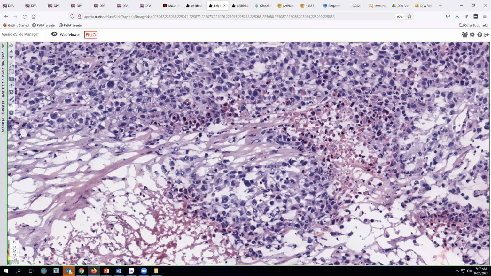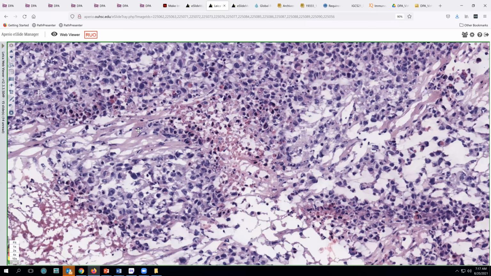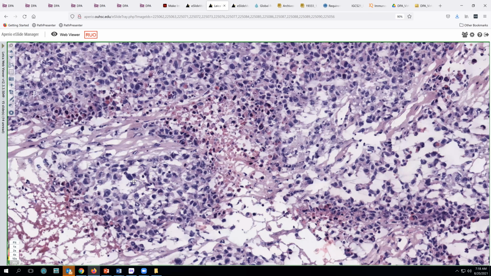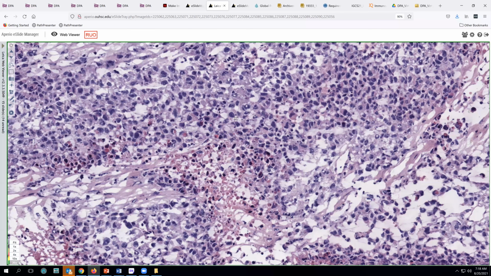So I think the differential here is very important because that's going to govern further management, both intraoperatively and then, of course, as we begin to work up the case a little bit beyond that.